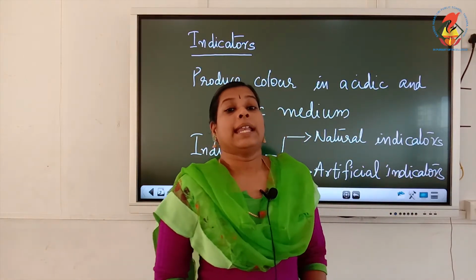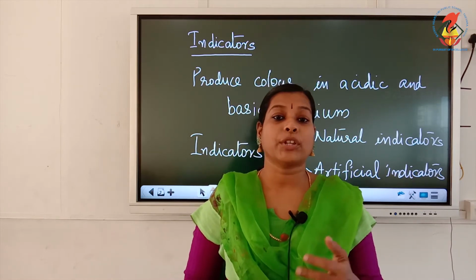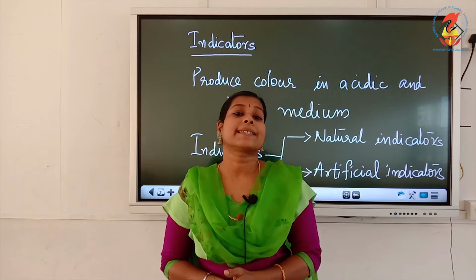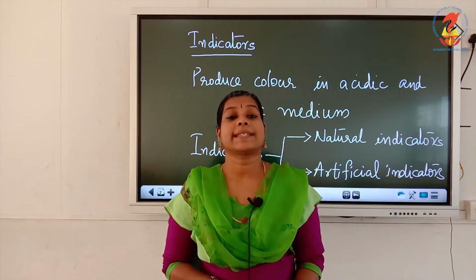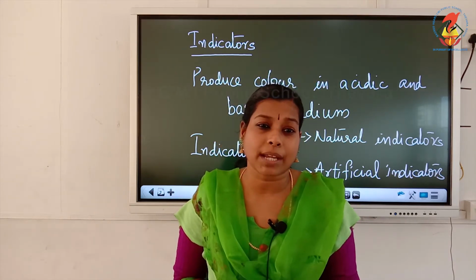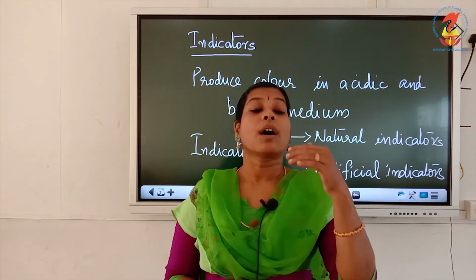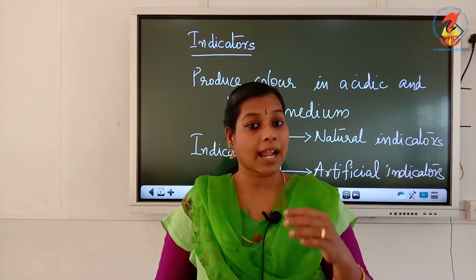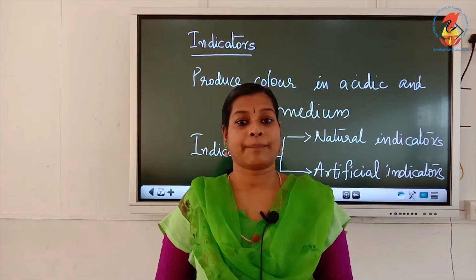Last class, when we saw the properties of acids and bases, I introduced one term, that is litmus. So, litmus is such an indicator. Litmus is an indicator which shows a particular color in acidic medium and another color in basic medium. So, the presence of acids and bases is indicated by a class of materials which are known as indicators.